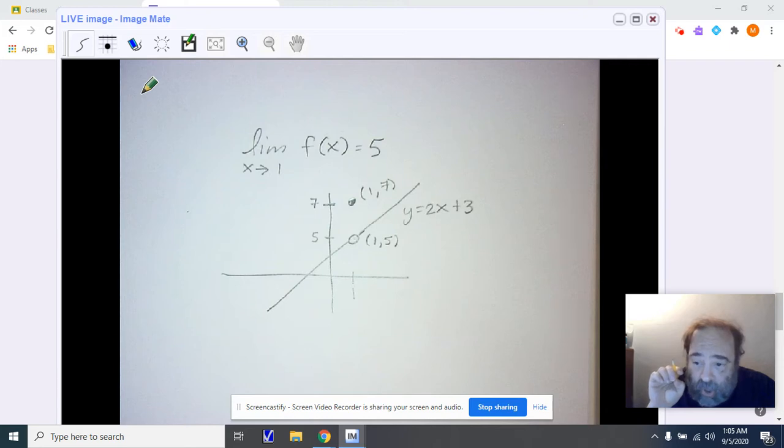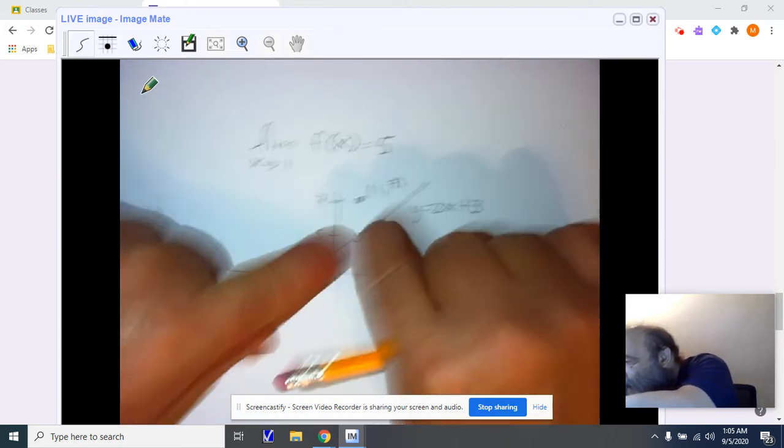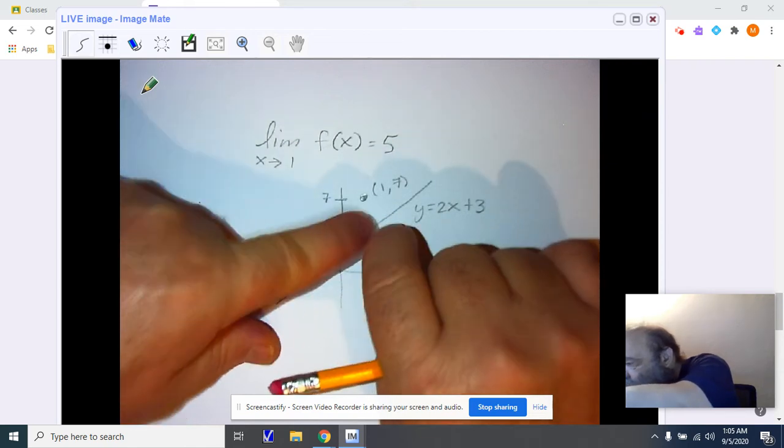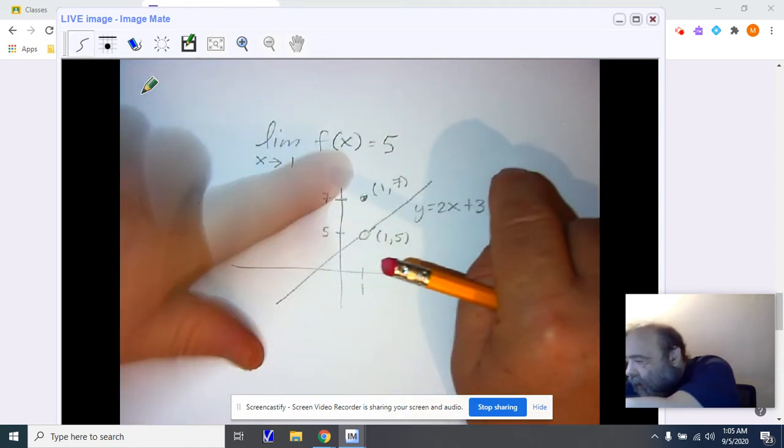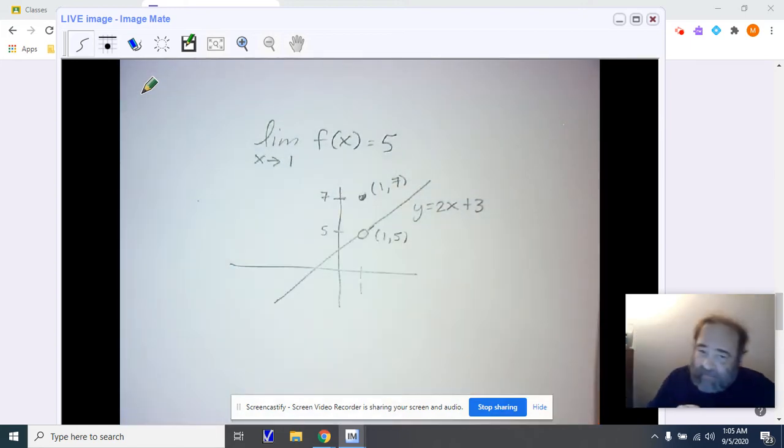It is only the journey that we are looking at. What value are we approaching when our fingers meet? Don't look at the point above. Look across from the point. This limit is 5. Something to be aware of: whether the hole is filled in or whether it's a hole, you're still approaching it from two sides. Notice this is what we call a two-sided limit.